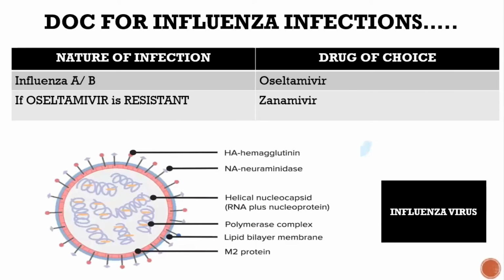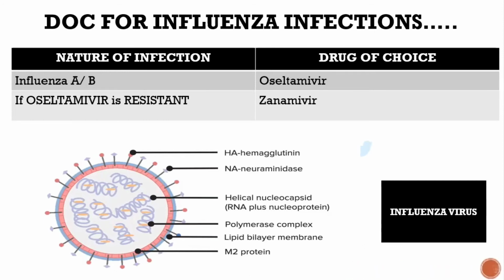When it comes to influenza infections, there are two types of influenza, that is A and B. So if you are having influenza A or B, then the drug of choice is oseltamivir. And if there is oseltamivir resistance, then we can use zanamivir. So influenza, you know very well, it's also known as flu. It's very common.